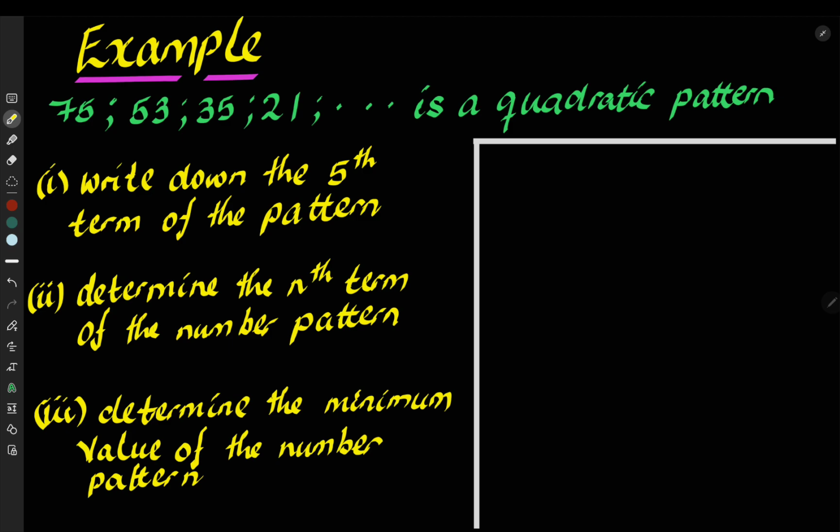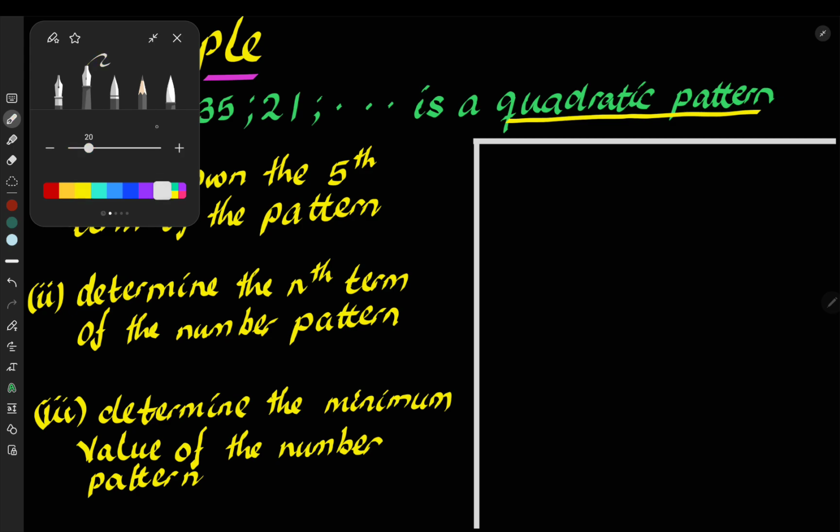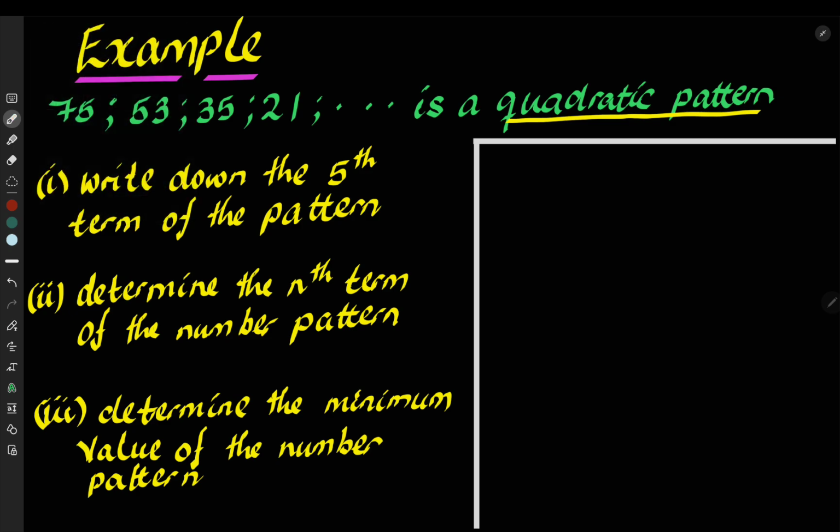Now, in this example, we are given 75, 53, 35, 21, and we are told that this is a quadratic pattern. The first question is saying, write down the fifth term of the pattern. So we just rewrite our pattern and study the pattern.